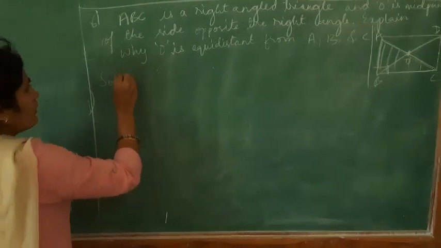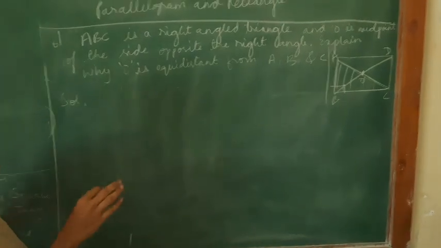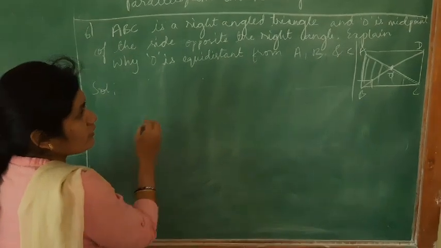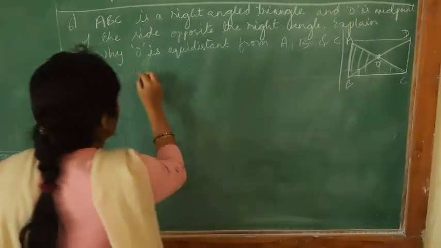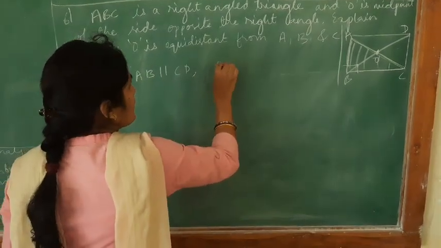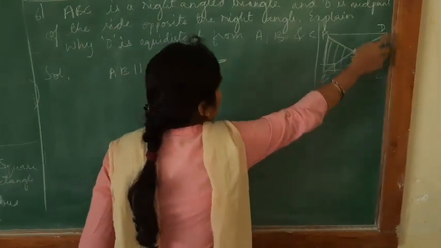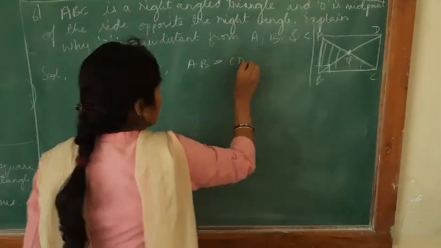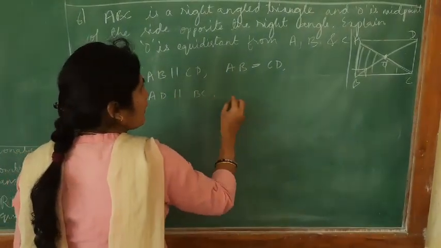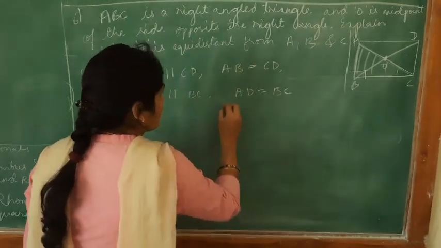So in the solution, before taking the right angle triangle, first consider the rectangle, or else the given figure you can call it a rectangle, where AB is parallel to CD and AB is also equal to CD. Now AD is parallel to BC and AD is also equal to BC.